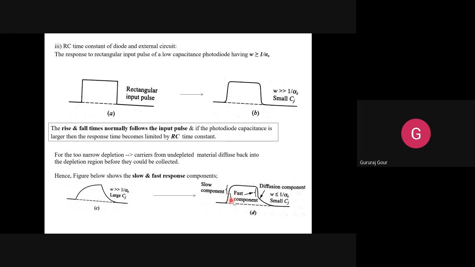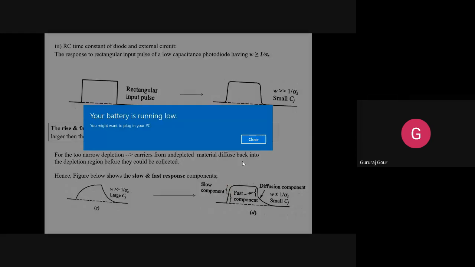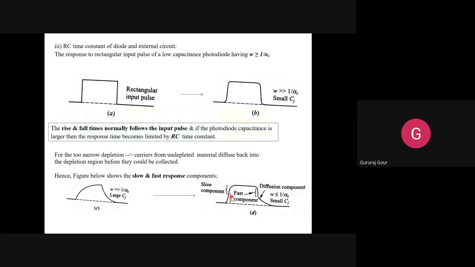Initially, fast components contribute in the rise time, meaning carriers in the drift region. Then they are combined at 50% with the remaining 50% of the rise time, which is the slow component coming from the diffusion carriers. Again, in the falling time, the fast component contributes, coming from the carriers in the drift region.